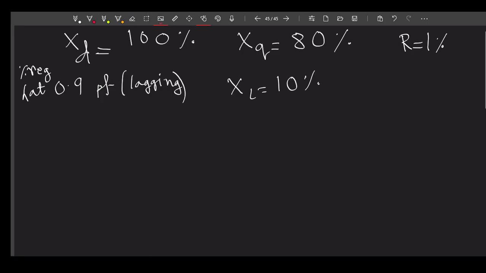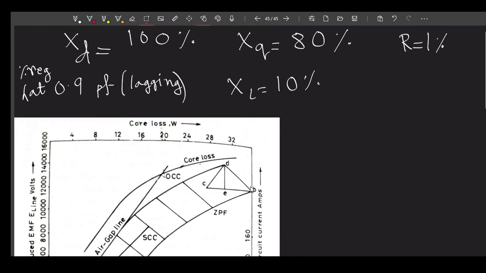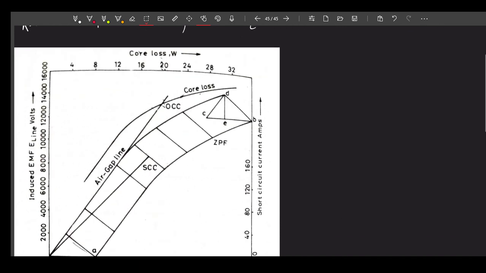So this is the picture, right? So from this, we need to calculate the regulation while considering the saturation factor. Now, I have not yet discussed how to take care of this saturation factor when you need to solve this kind of problem.